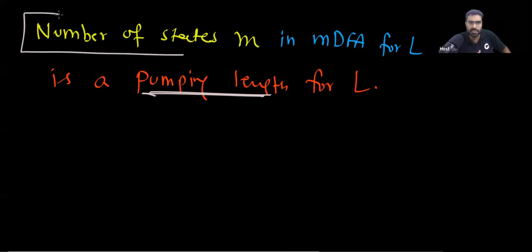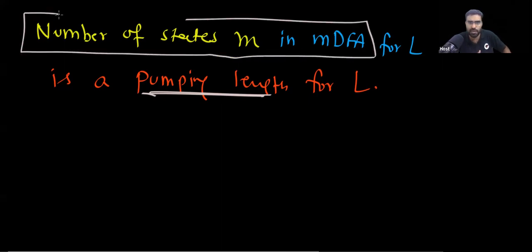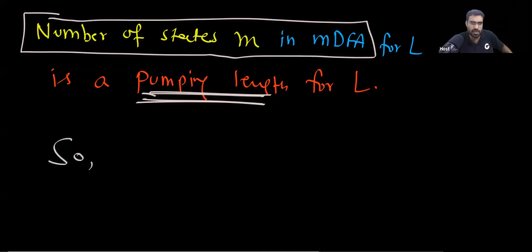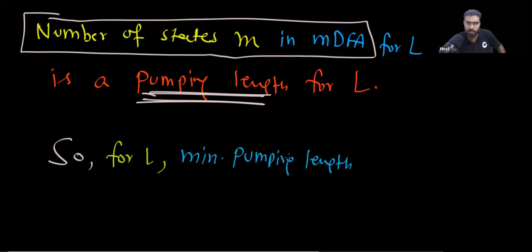See, the number of states in the minimal DFA is a pumping length. So the minimum will be less than or equal to this. So from here I can say, for language L, the minimum pumping length will be less than or equal to M. Is this point clear?